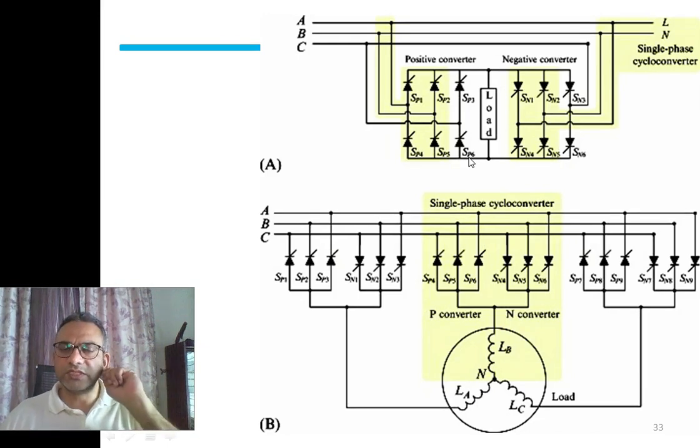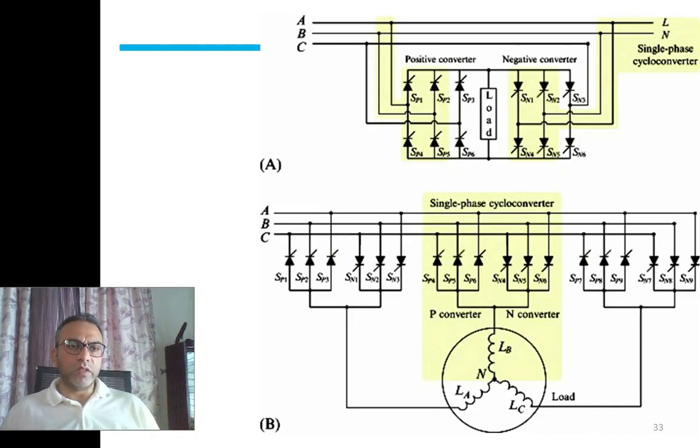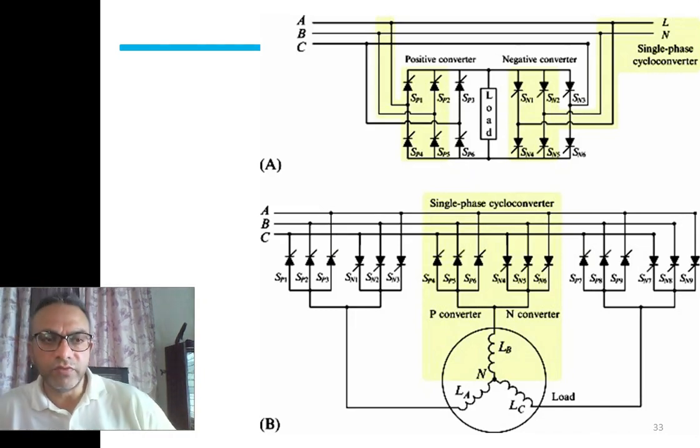These are the switches that provide the positive halves or the positive voltages from the sine wave. And then power switches called SN1, SN2, SN3, SN4, SN5, and SN6. These are the power electronic devices that will provide the negative part of the waveform.